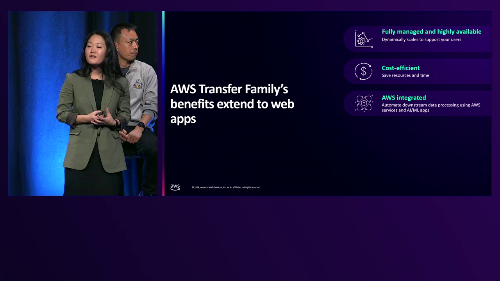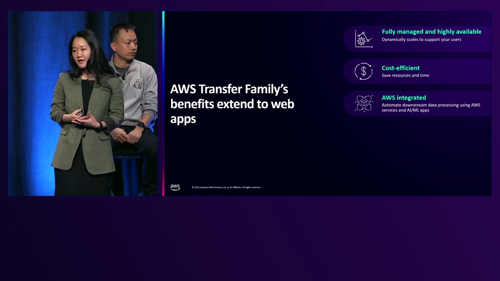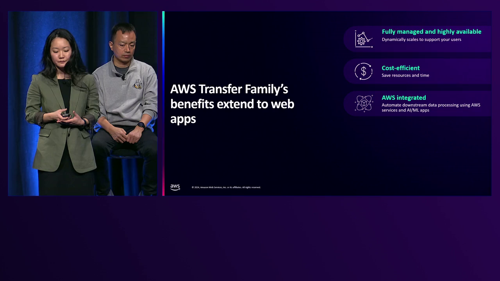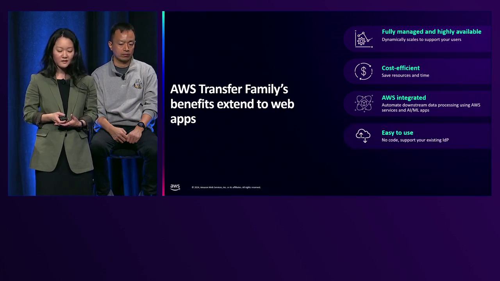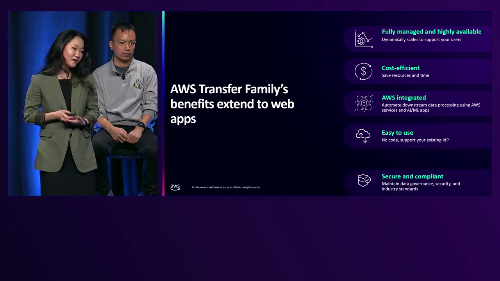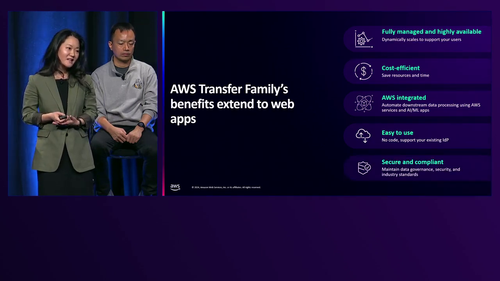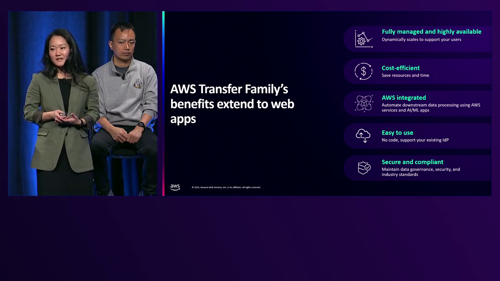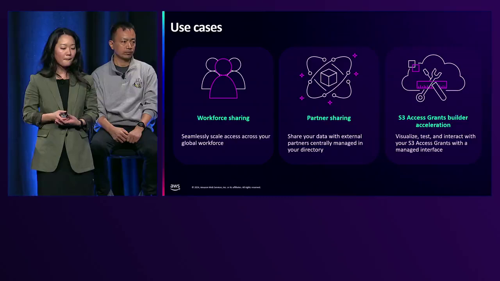And as part of the AWS ecosystem, it's integrated so you can further automate your downstream actions. And finally, the web app is easy to use, both for you as the admin and for your end users. And lastly, again, with Transfer Family, it's secure and compliant, so you can maintain your data governance, security, and your industry standards.